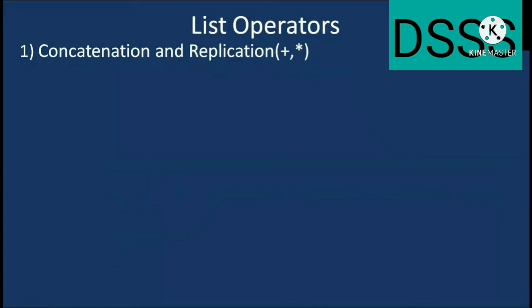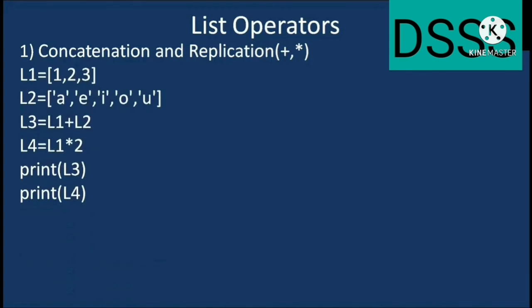Is that clear? So both ways of traversing are fine as long as you are just looking at the elements of the list. And if you want to update the list, then you make use of the second method.